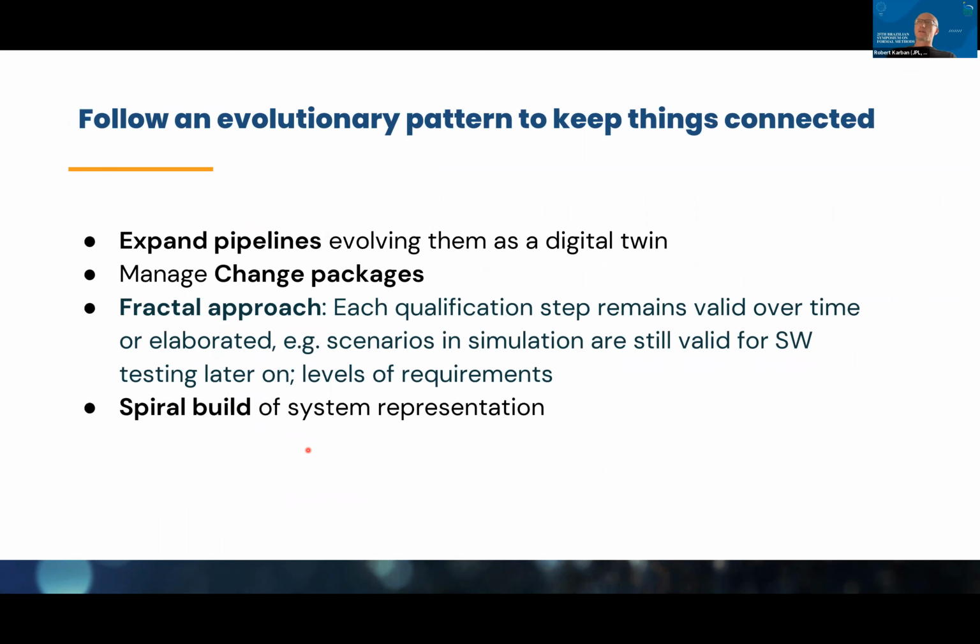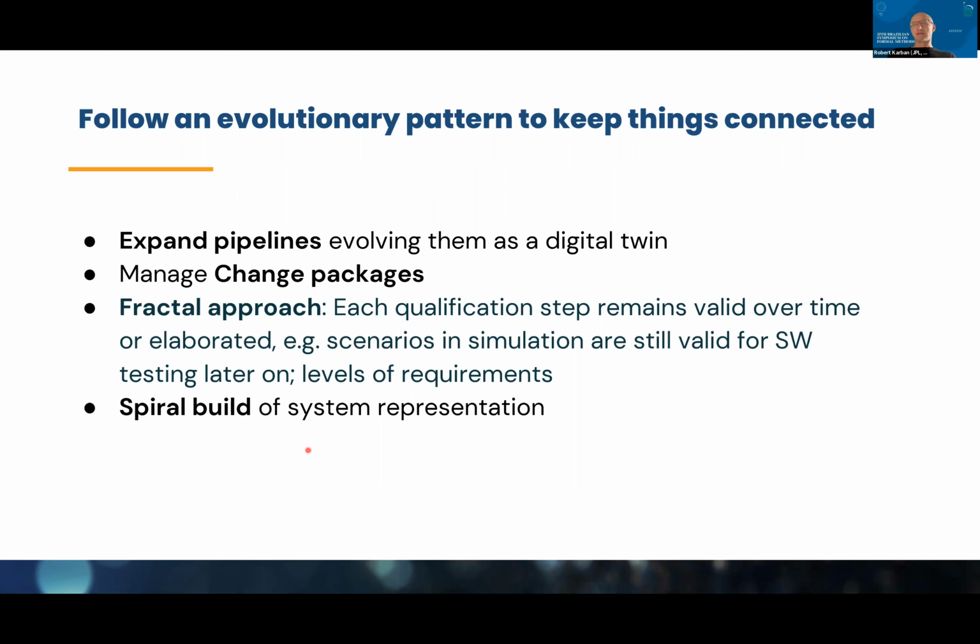So what we want to follow is an evolutionary pattern to keep all those things connected, right? So these pipelines we want to expand and evolve as a digital twin, right? We want to manage change packages. So we want to have the ability to say, okay, we make a change, right? And it trickles down through all those artifacts that we produce throughout these pipelines, because the products are produced by those pipelines, which might be a model, a document, a piece of code, whatever it is, right?